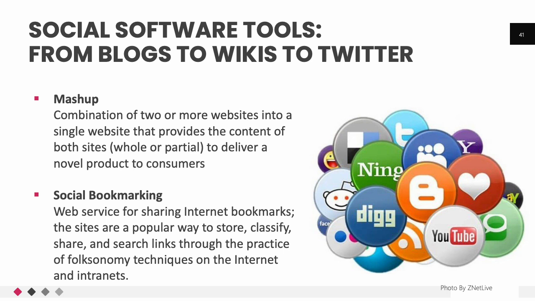Imagine taking the ingredients from different recipes and combining them to create a brand new, delicious dish. A mashup in the digital world is similar. It's when developers take data, features, and content from two or more existing websites or online services and blend them together to create a new, unique application or website. Okay.